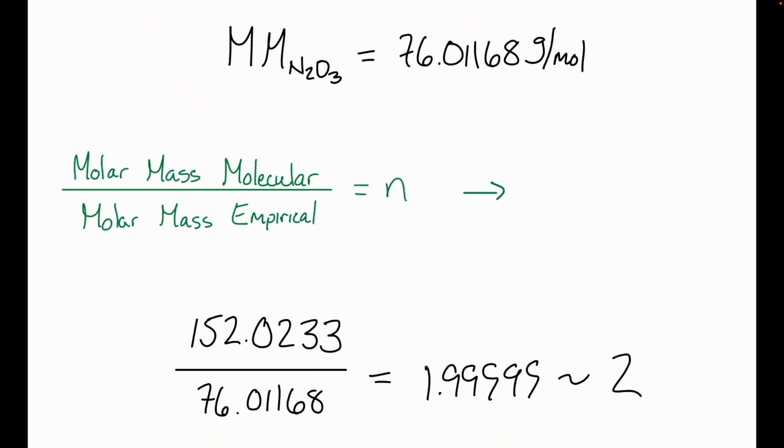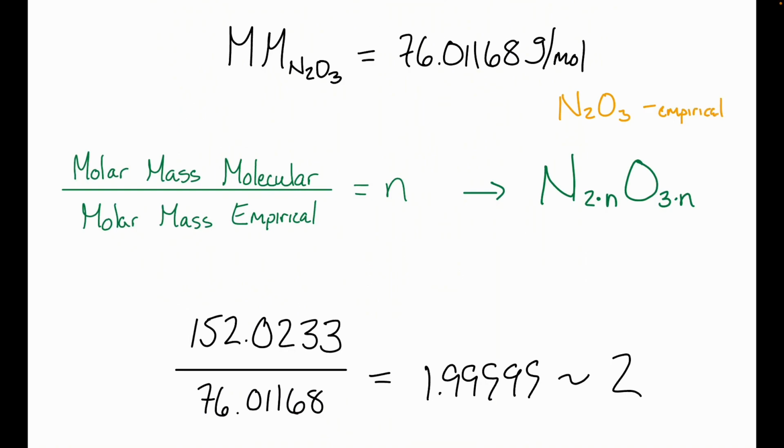So my molecular formula here would work out to be 2 times N for the number of nitrogens and 3 times N for the number of oxygens. Right? My empirical formula was the N2O3.